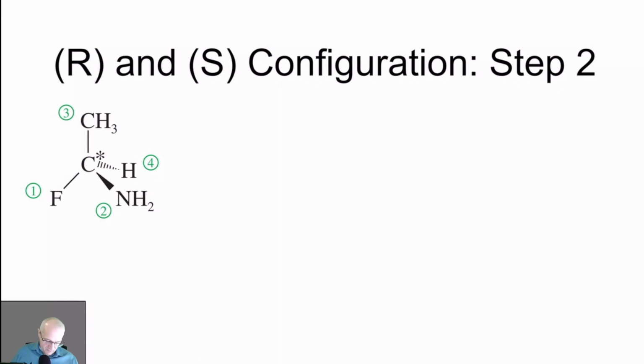Now, take your pen or pencil, starting at group number 1, draw an arrow to group number 2, and then an arrow to group number 3, and then an arrow back to 1, and keep retracing those steps.